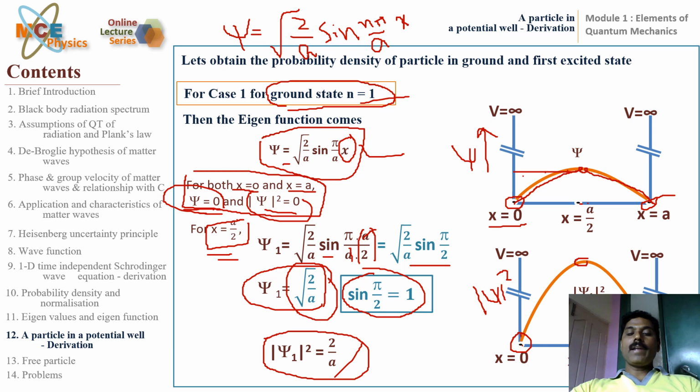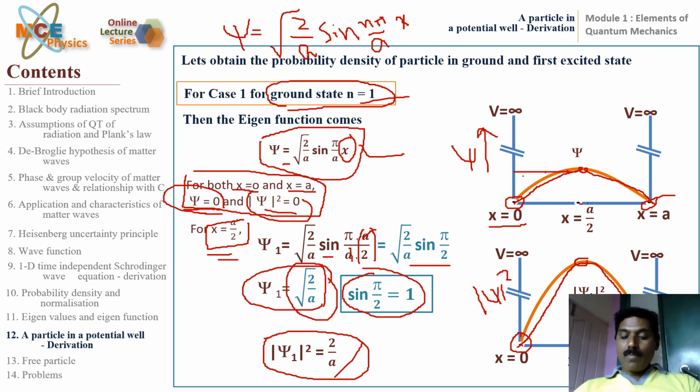So that point appears. On plotting the graph, you will get a curve of this kind. This indicates that mod psi square is maximum at the center when the particle is in the ground state, because I have taken n equal to 1. It suggests that the particle, when it is in the ground state, has maximum probability to exist at the center of the potential well. This is the inference of this calculation.